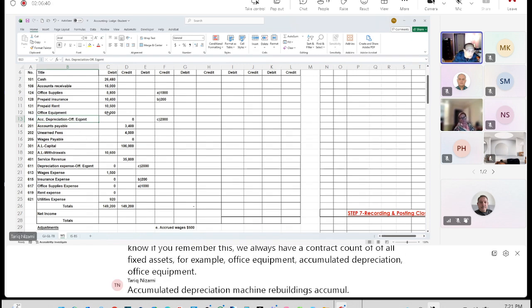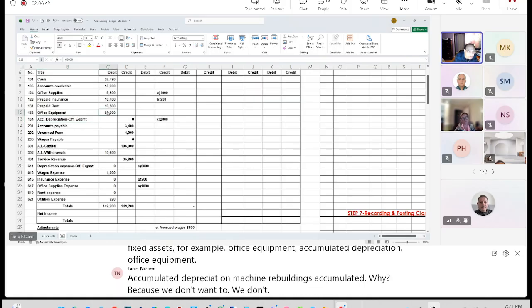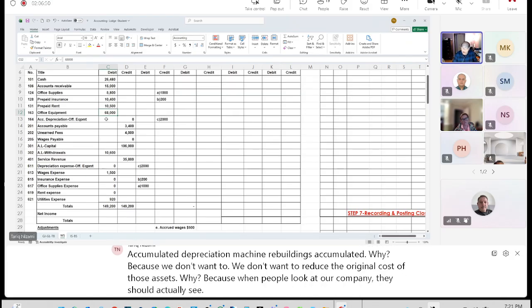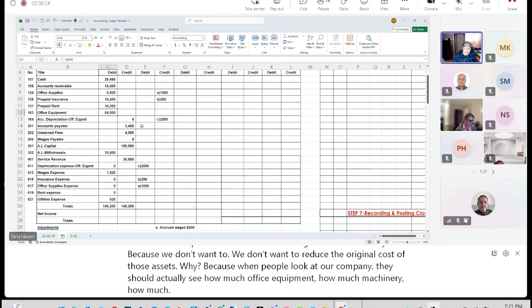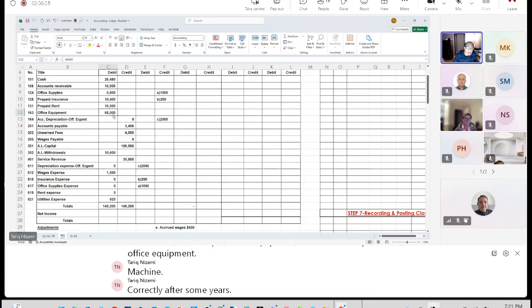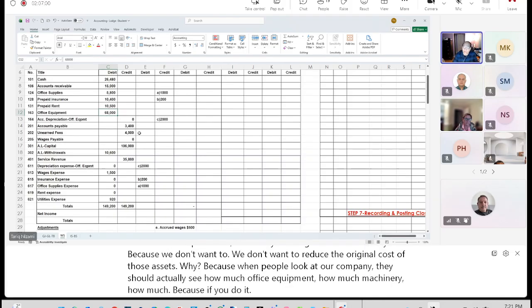Why? Because we don't want to reduce the original cost of those assets. When people look at our company, they should see how much office equipment, how much machinery there is, because if you do it directly, after some years, 68,000 would probably look like 24,000, no?